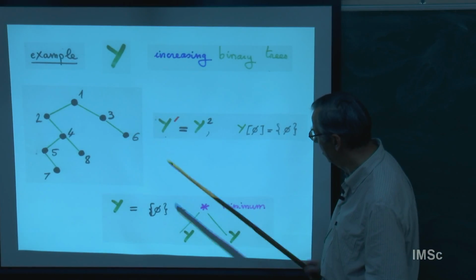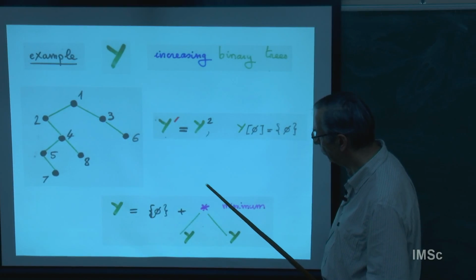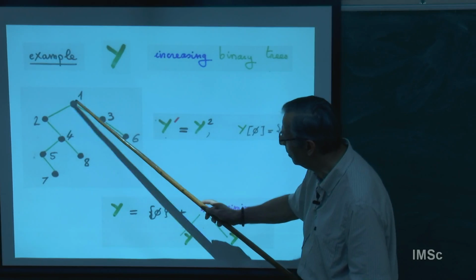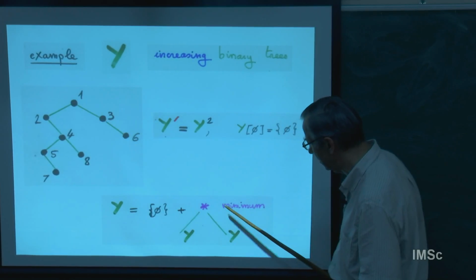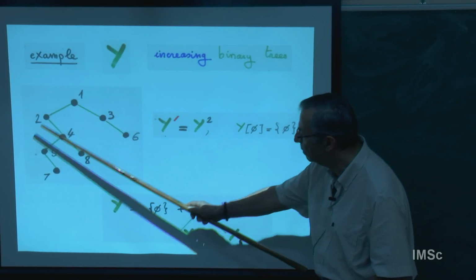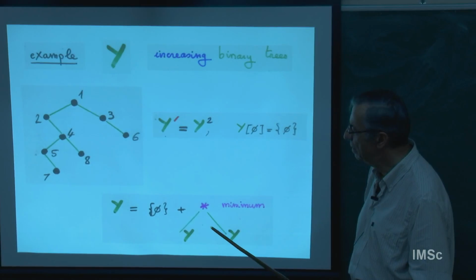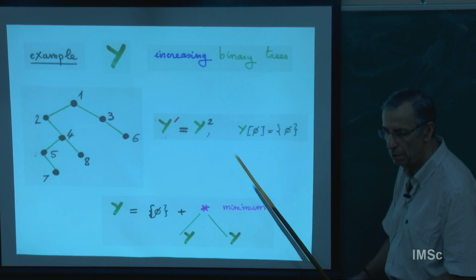Because when you have a Y prime structure, you take this subset, you add the minimum, and on the rest you put an increasing binary tree. And the left subtree and right subtree are exactly this Y squared.